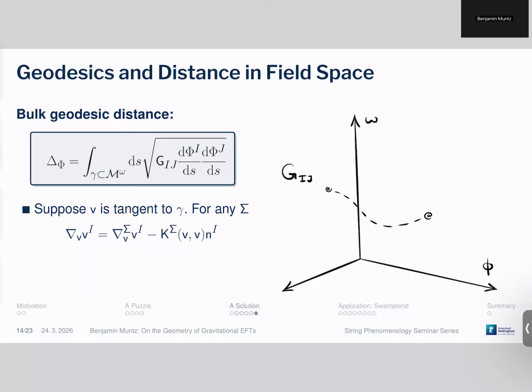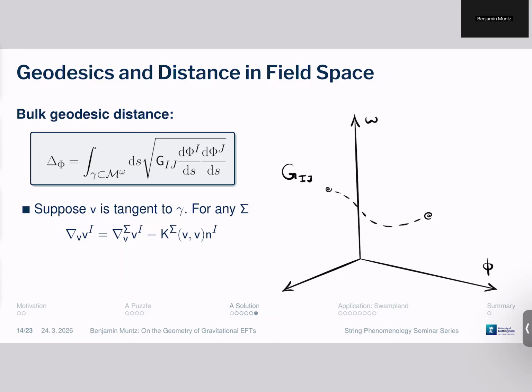But if the left-hand side vanishes, then we know that this is just a geodesic in the bulk. If then the extrinsic curvature also vanishes, then the directional derivative on that hypersurface sigma is also vanishing. And so gamma is a geodesic, both in the bulk and on that hypersurface. So it's a totally geodesic hypersurface.